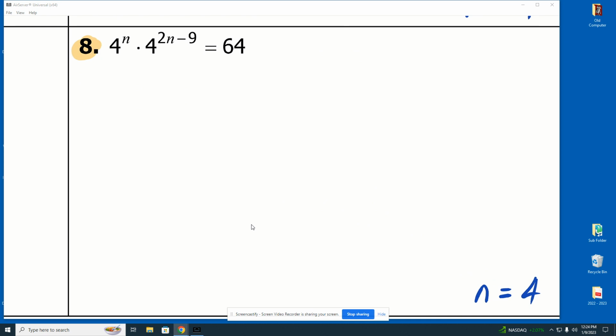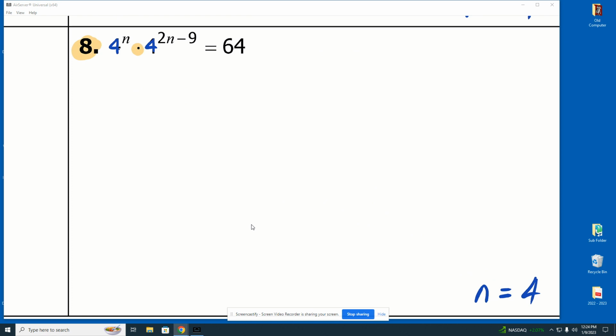So number 8. In this problem, the first thing I would do is recognize that on this left side, both of these have a base of 4, right? So when we have the same base and we're multiplying, what's the rule? You add your exponents.